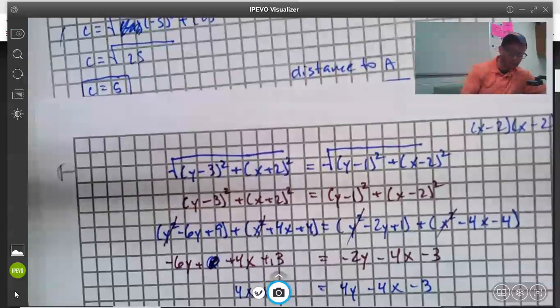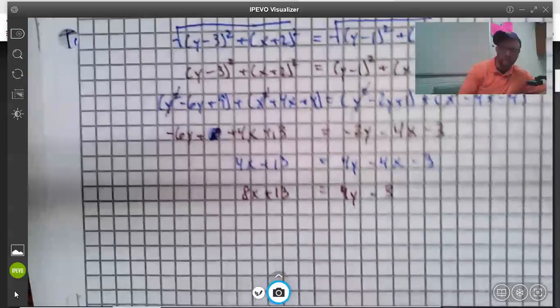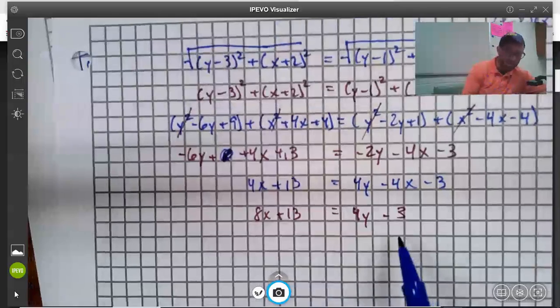Okay. All right. Let's go ahead and add 4x to each side. So that's going to give us 8x plus 13 equals 4y minus 3. Next, add 3 to each side.